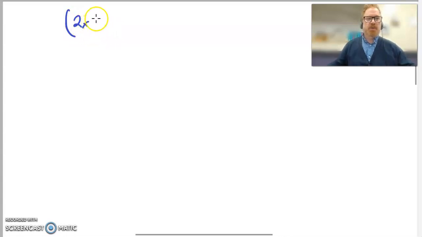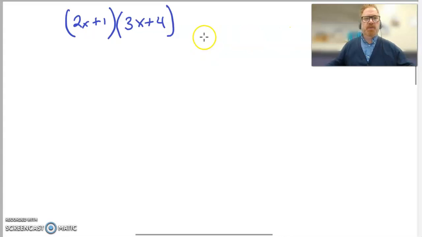multiplication of polynomials. 2x plus 1 times 3x plus 4, and we would have applied a process to it, right? We did the FOIL method first, outside, inside, last, where we multiplied the first terms, got 6x squared plus 3x, because 1 times 3x is 3x.